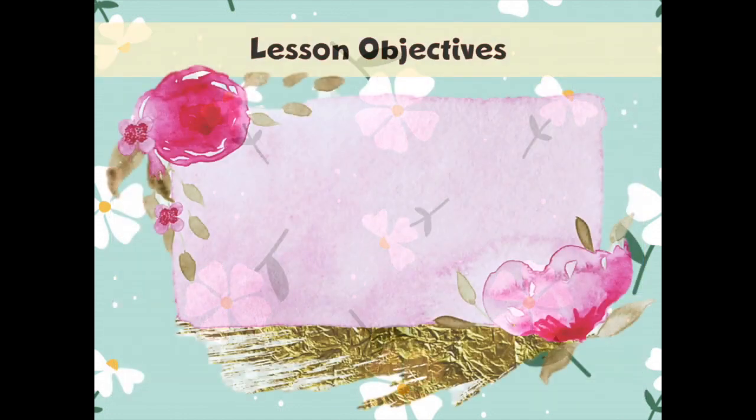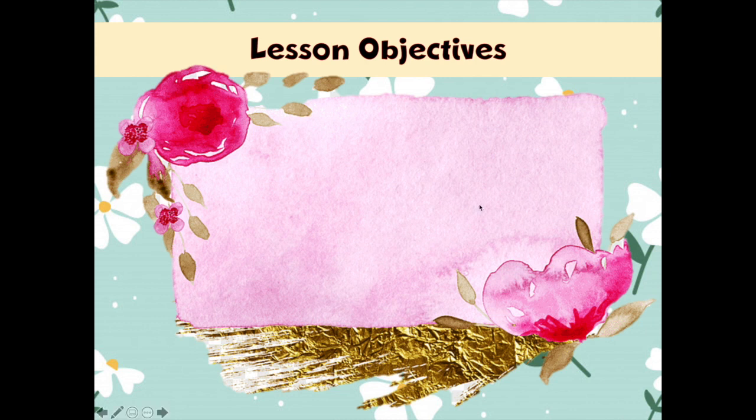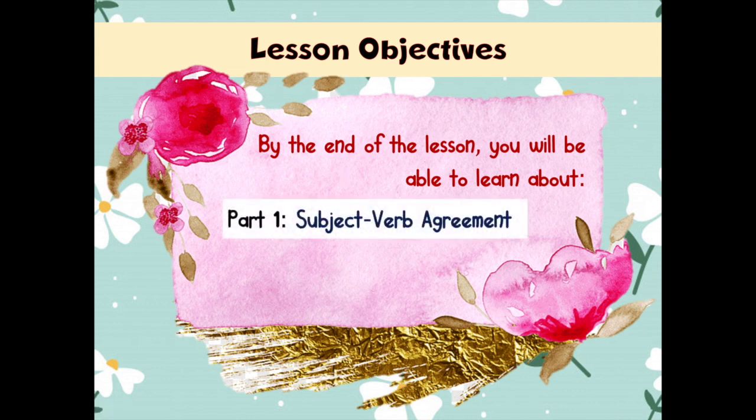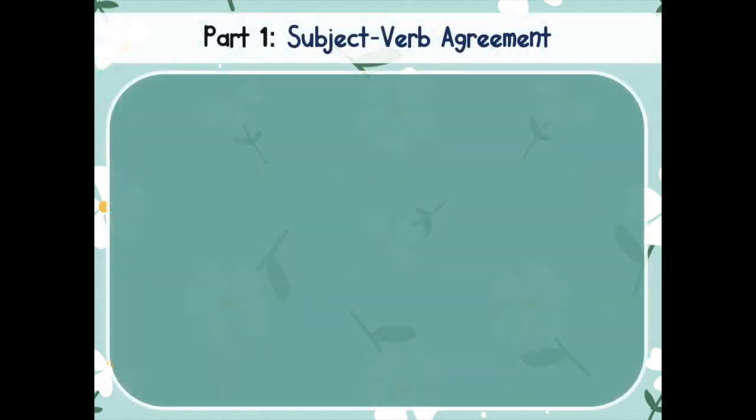But before that, we will look at the lesson objectives for today. So by the end of the lesson, you will be able to learn about, in part 1, subject-verb agreement, and in part 2, contractions. So the first part of the lesson is about subject-verb agreement, and I will use a table to explain part 1.